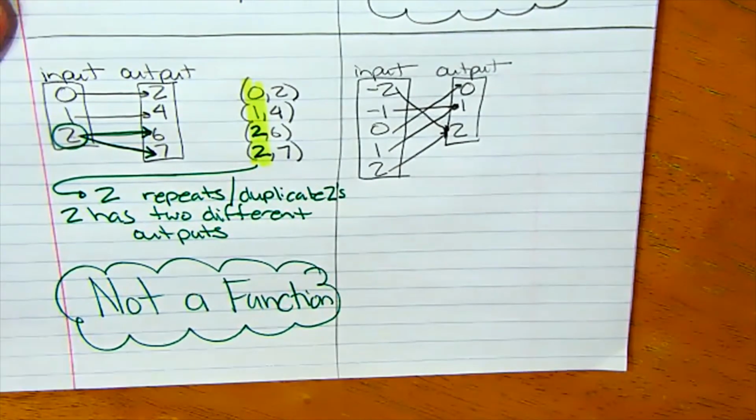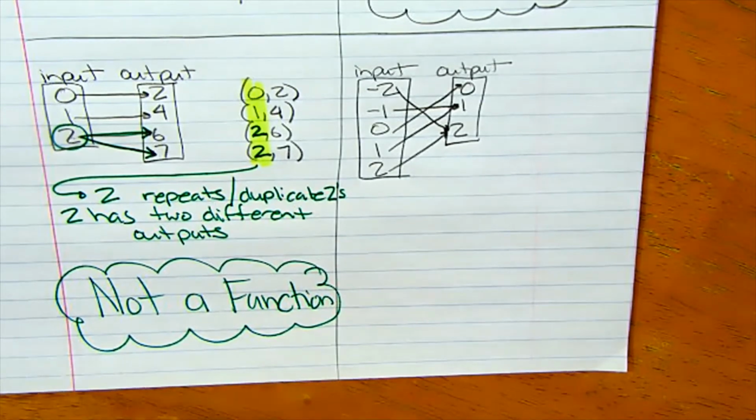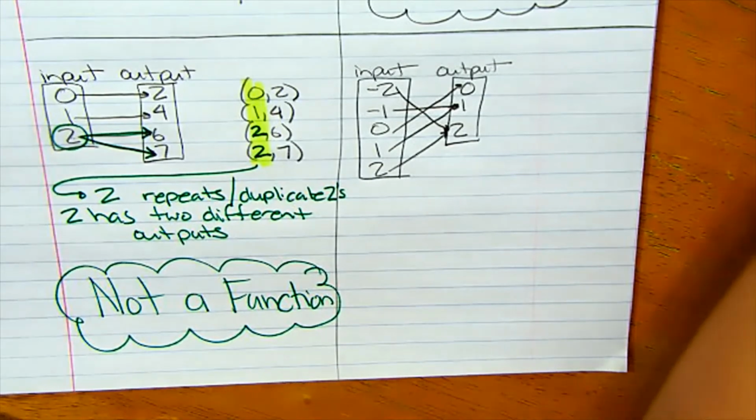Okay, take a look at that. I want you to create the ordered pairs. And then in the chat, I want you to tell me if yes, this is a function, or no, this is not a function. Make sure to create your ordered pairs first.